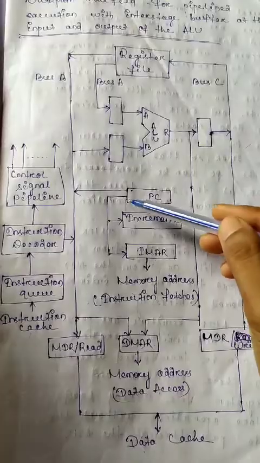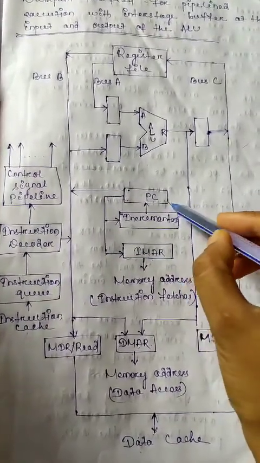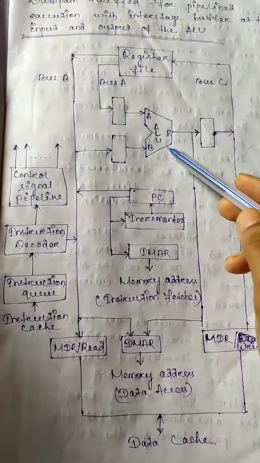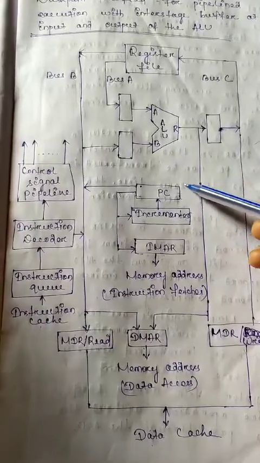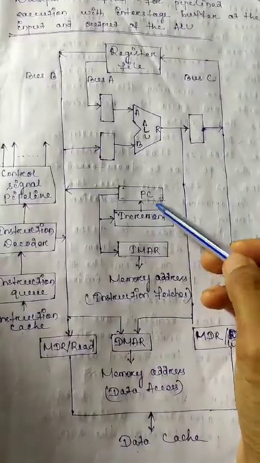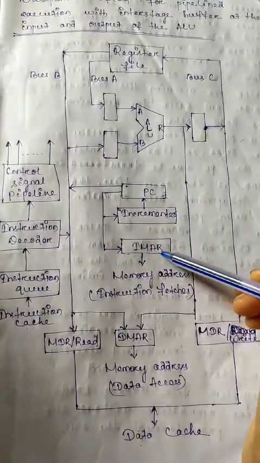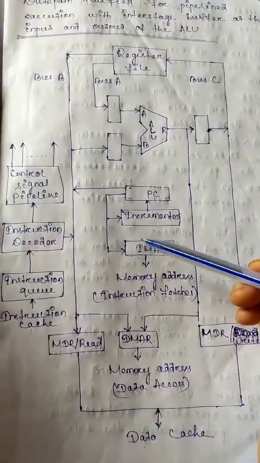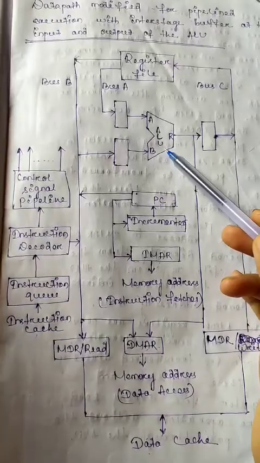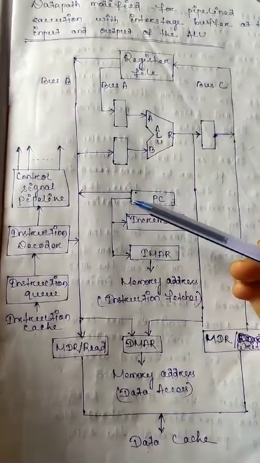If we want to increment the PC by 4, we may otherwise need the help of the ALU, so sometimes the ALU may be busy incrementing the PC, but here we are adding an incrementer. So the PC value can be directly transmitted to the MAR to fetch the next instruction, and at the same time the ALU can do some other work.